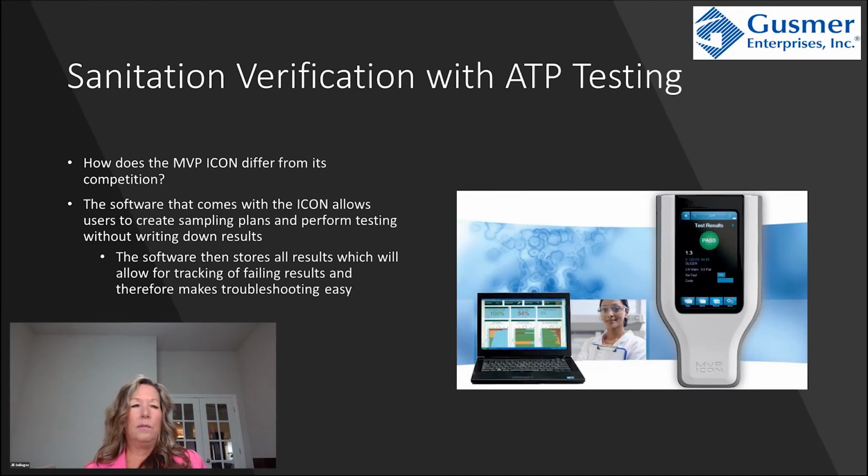It's very annoying to be walking through the brewery carrying a tablet, paper, the instrument, the swabs. And so this is very beneficial. And then the software stores all of the results, which will allow for tracking of failing results and therefore makes troubleshooting much easier.